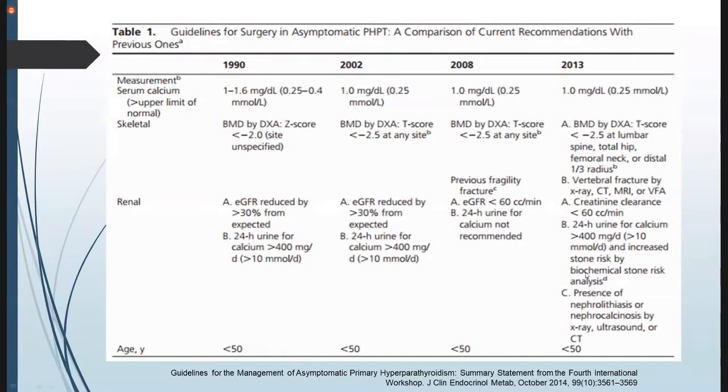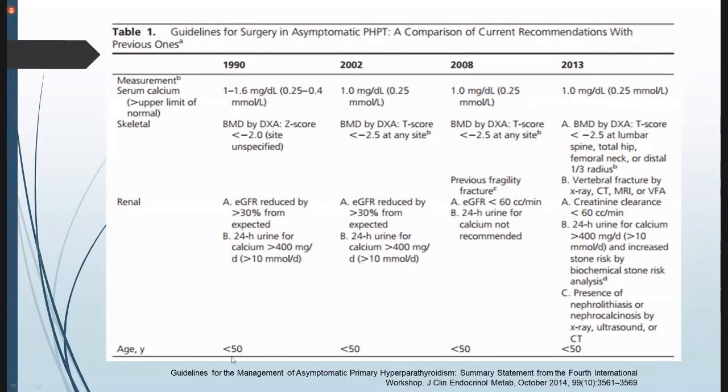End organ damage, right? This I have explained to you earlier. Doing a bone scan, doing the kidney function analysis and everything for stones, and looking for fractures. These are the end organ damages. These indicate end organ damages, and then you have to plan for surgery.